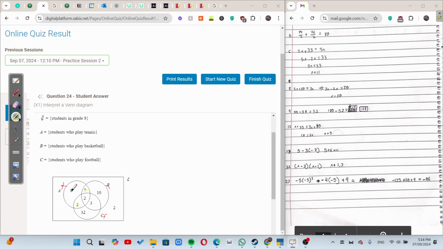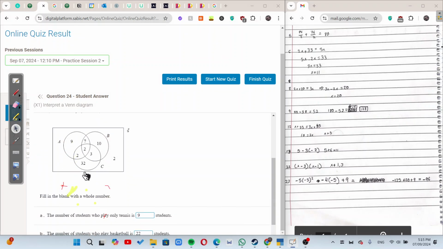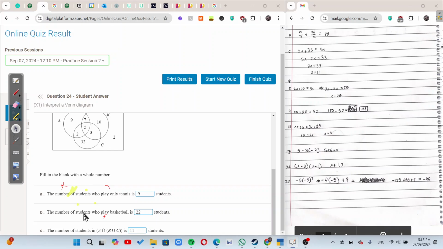These people play tennis and football. These people play basketball and football. So you need to know the people who only play tennis, which is 9, because 9 is only for tennis. So the number of students who play tennis is 9 students.